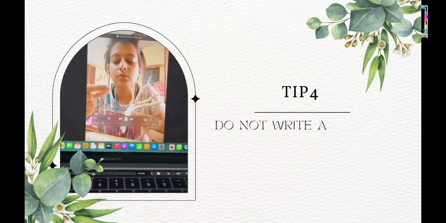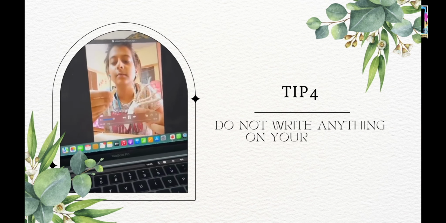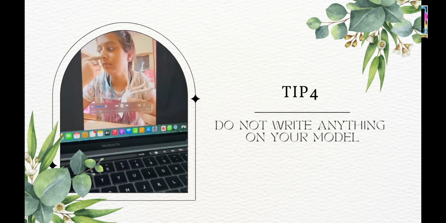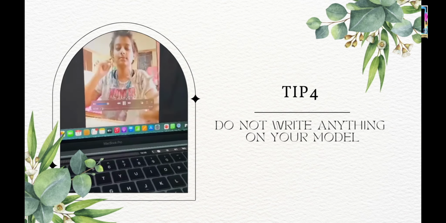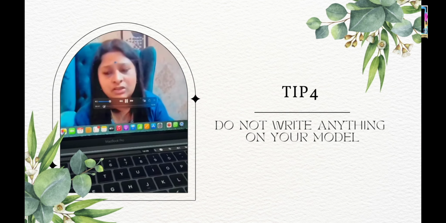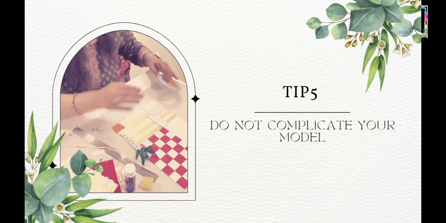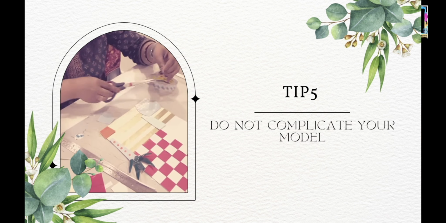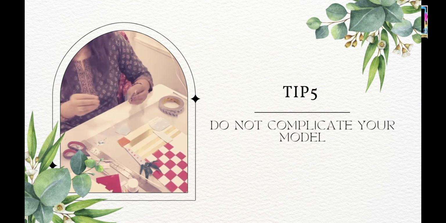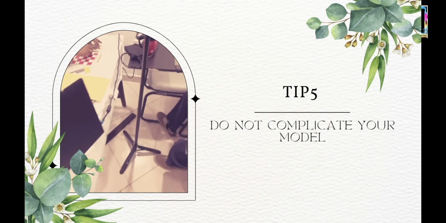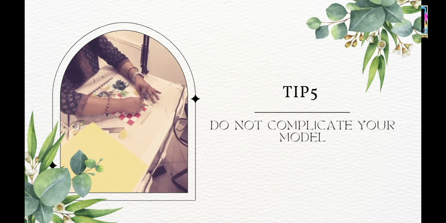Step number 4, do not write anything on your model, because many times you are advised not even to write your name or any quotation or anything on your model, because that will lead to disqualification. Step number 5. Make your model presentable and neat, simple, so that your ideas can easily be understood.